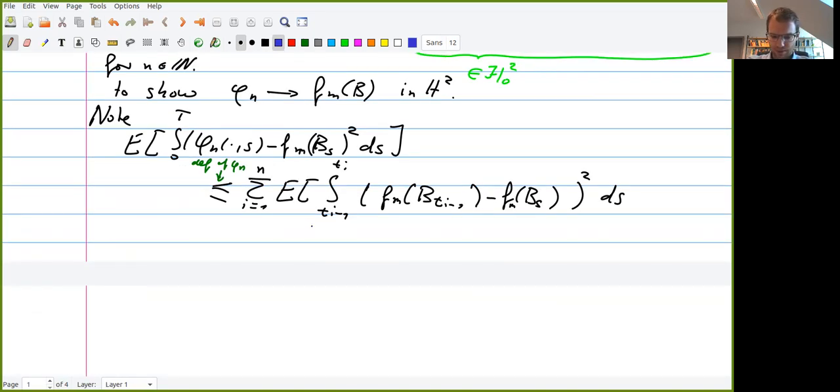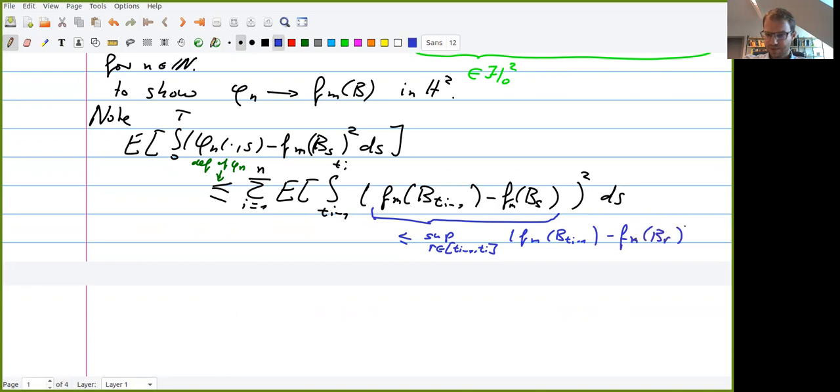How can we estimate this term here? Let's forget the square for a moment. This can be estimated from above by the supremum over all r in this interval t_{i-1} to t_i of the difference of f_m applied to B_{t_{i-1}} and f_m applied to B_r.